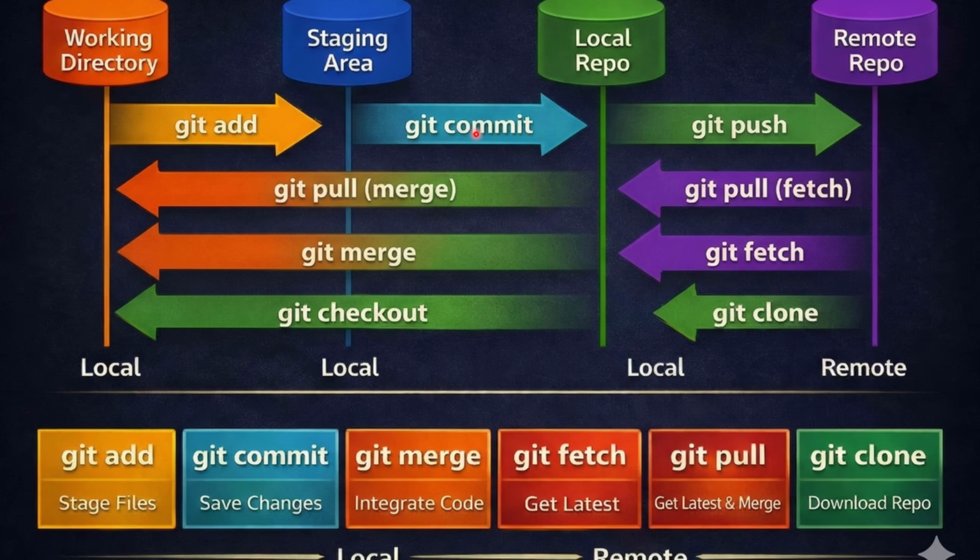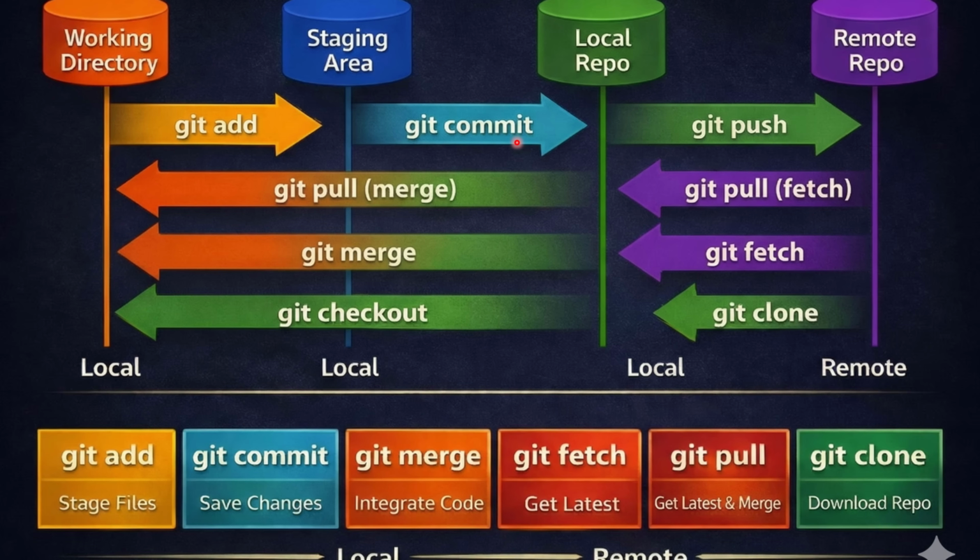Here the commit number will be generated and your files will be moved from the staging area to the local repository. Once you have finalized and everything is good to go to the remote repository, you will use the git push command. The git push command will move the files from the local repository to the remote repository.